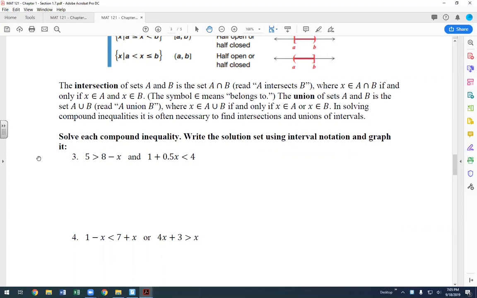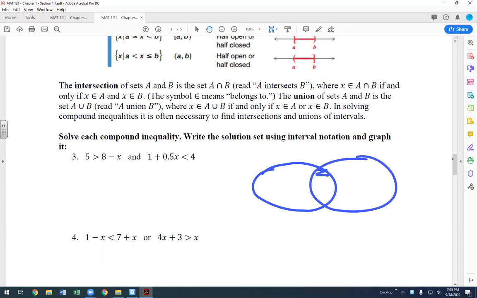If this is the solution set from my left-hand side, and this is the solution set from my right-hand side, then in the and inequality, only what's common between the two sets can be used as our solution set.